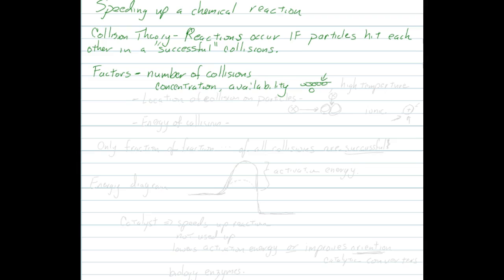So to make the availability more, you can grind it up or stir it up. If it's settled down at the bottom, the particles on the bottom are protected. If it's in one big chunk, particles on the inside are protected. So the smaller the pieces, the more available they are to particles.